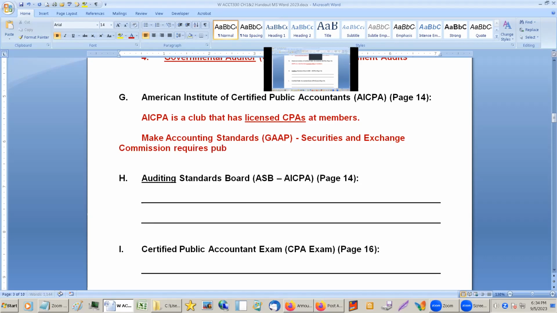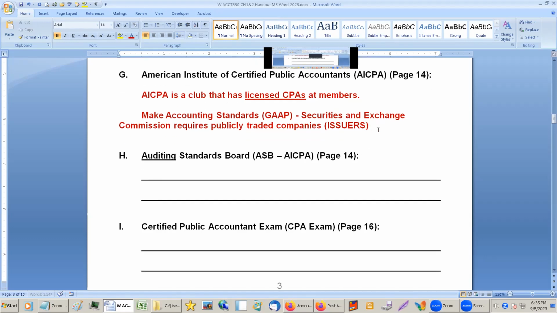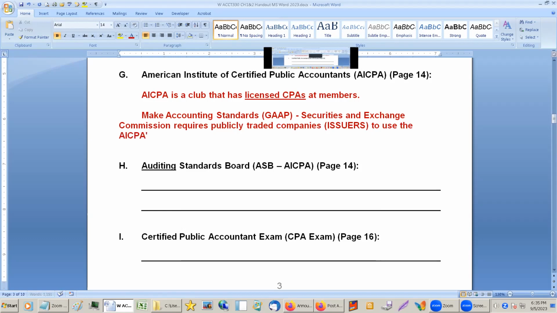Requires publicly traded companies, and again, let's use the CPA exam terminology, issuers, to use generally accepted accounting principles.